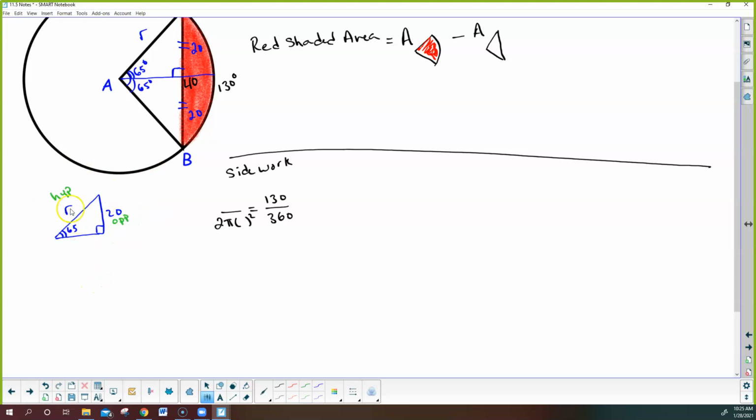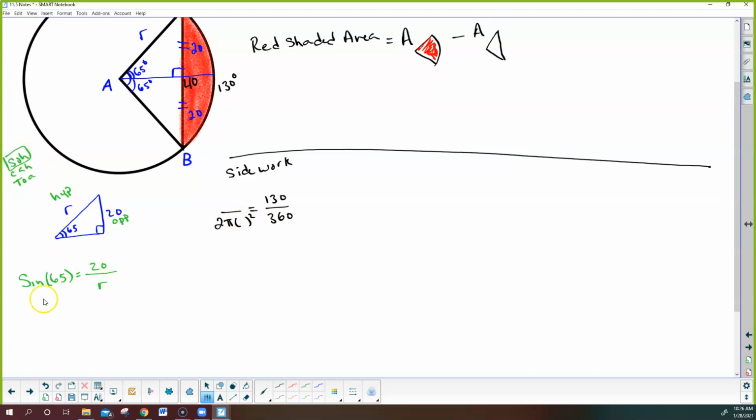So even more side work, we're using our good old friend SOHCAHTOA, which means the sine of the angle measure, the sine of 65, is equal to the ratio of the opposite over the hypotenuse. And in this case, we call the hypotenuse r because that's why we're doing all this work.